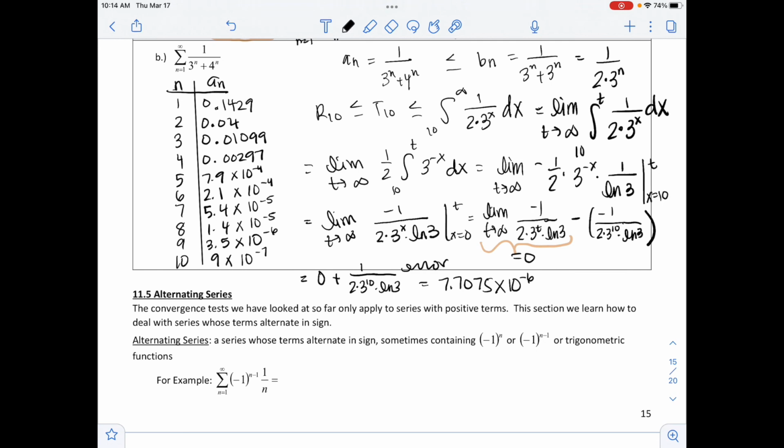And we can also say that the sum from n equals 1 to 10 of 1 over 3 to the n plus 4 to the nth, if we were to add up those 10 terms here, we would get 0.19788. And again, over here we calculated that error that we would get.